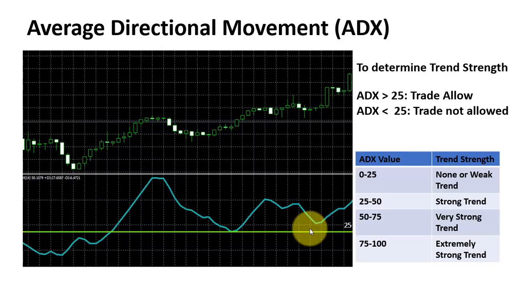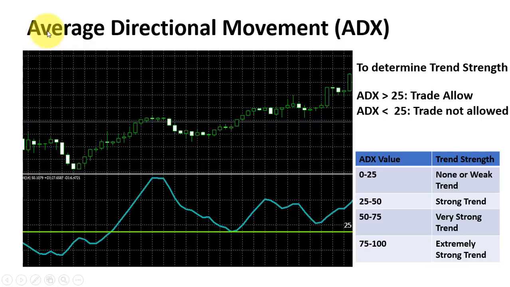ADX value above 25 is considered to be in a trend. So when we have an ADX value that is greater than 25, we allow trade to happen because it shows that the currency pair is in a trend. However, when the ADX value is less than 25, trades are not allowed because there is no trend.